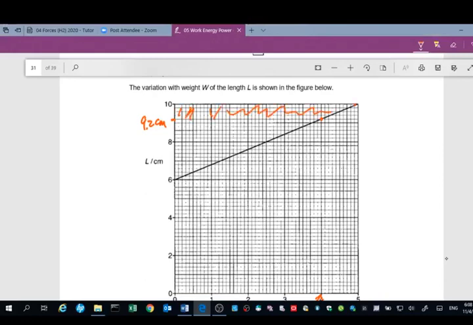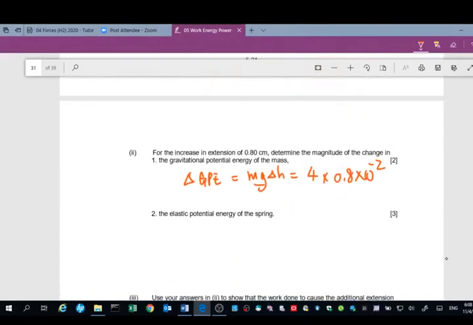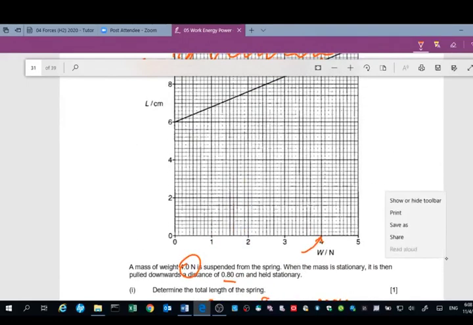This area here is the area of that trapezium, as it is stretched from here to there. You have to work out the area of that trapezium, which should be quite easy. The area of the trapezium is half the sum of both sides, so that is (4 plus 5) over 2, times the increase in length.